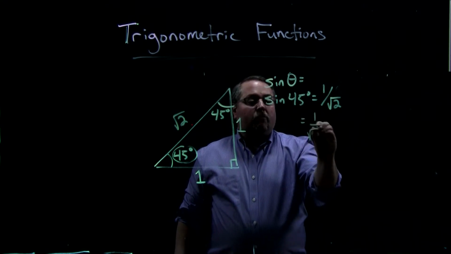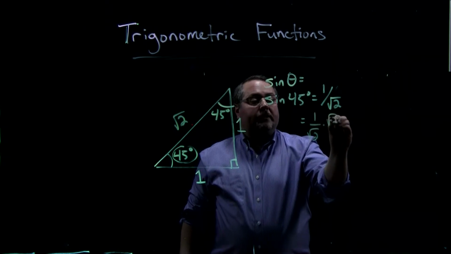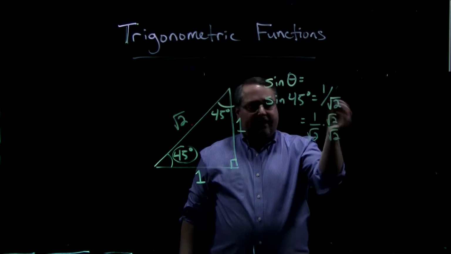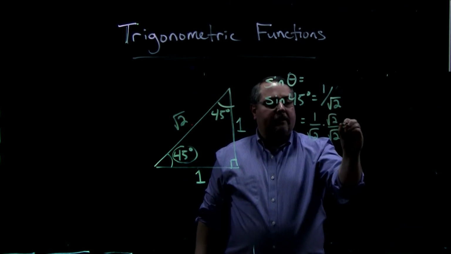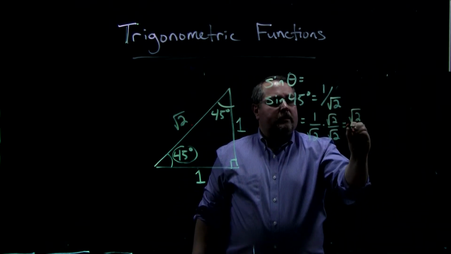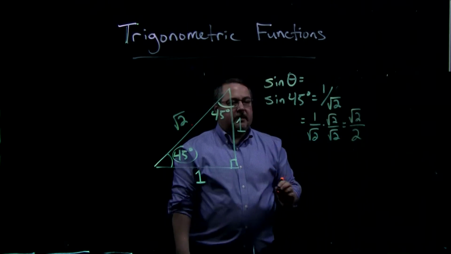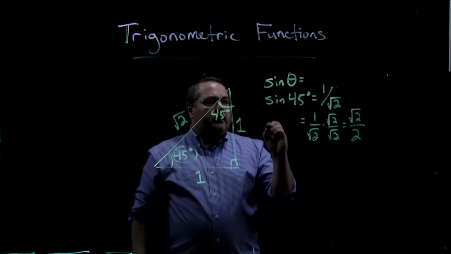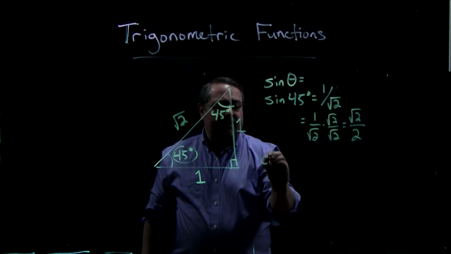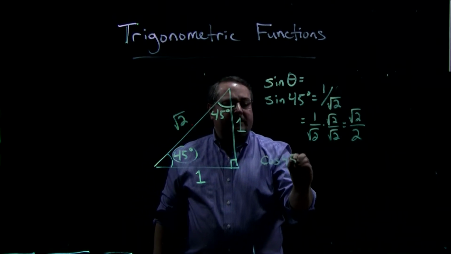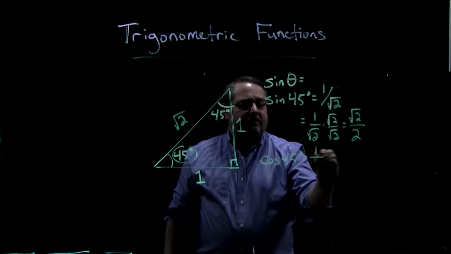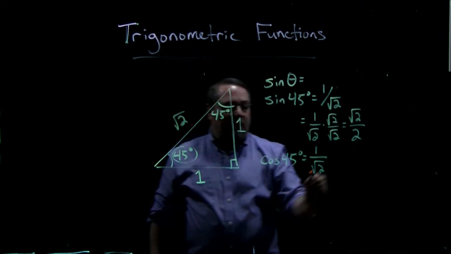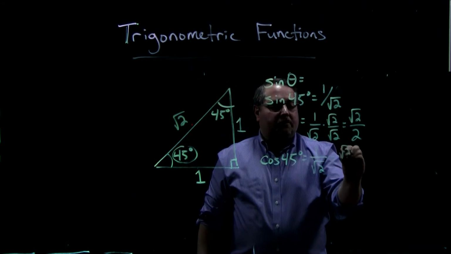So the other way we could write this would be to multiply the top and bottom by the square root of 2. That keeps it the same because you're just multiplying by 1. Okay, and the sine becomes square root of 2 over 2. Similarly, the cosine of 45 degrees is 1 over square root of 2 because the adjacent side also has length 1, and that's the same as square root of 2 over 2.